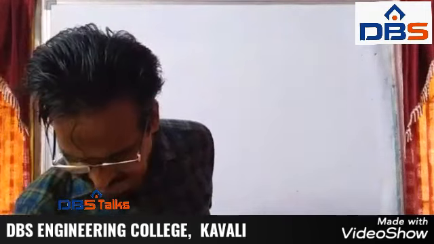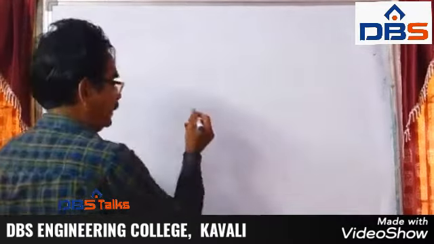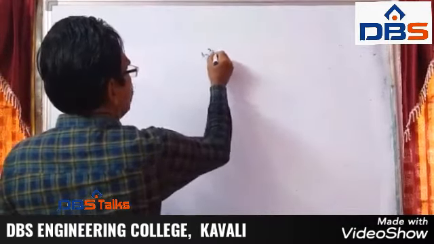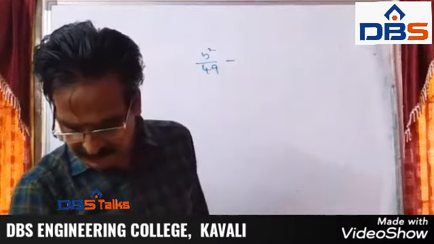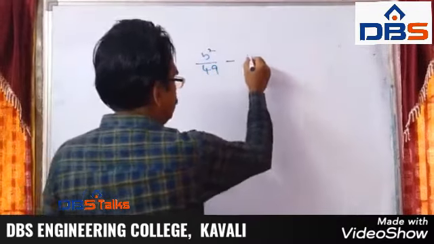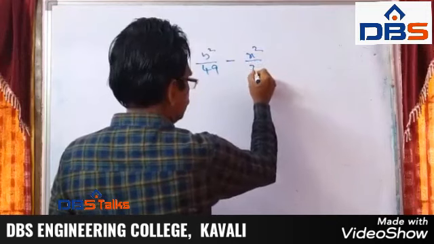See here the equation is, friends. Find the vertices and foci of the hyperbola with equation y square by 49 minus x square by 32 is equal to 1.